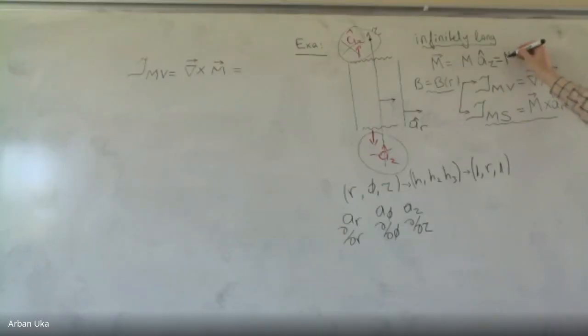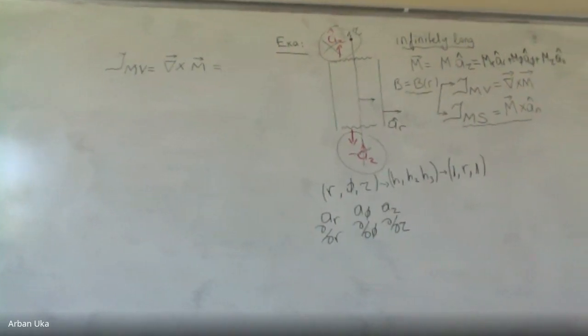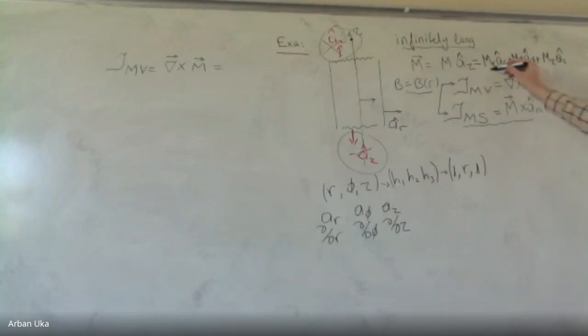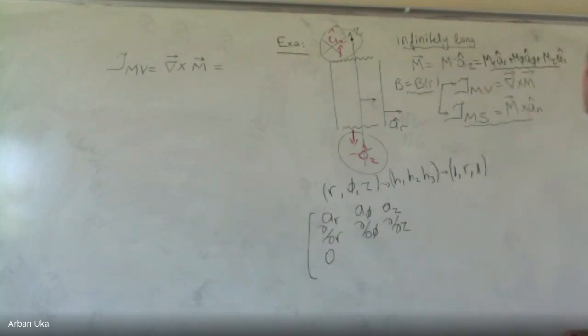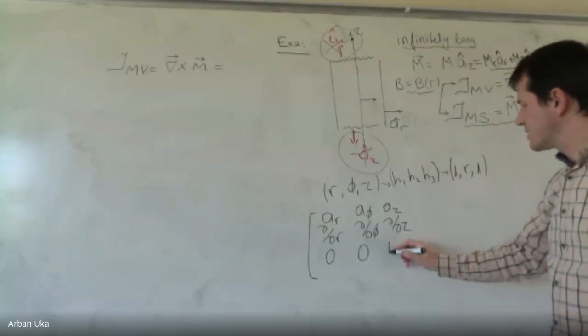So here we have M_r times a_r plus M_phi times a_phi plus M_z times a_z. This is the general expression of M. It looks like M_r is equal to 0. M_phi is also equal to 0. And along a_z, M is just a constant.